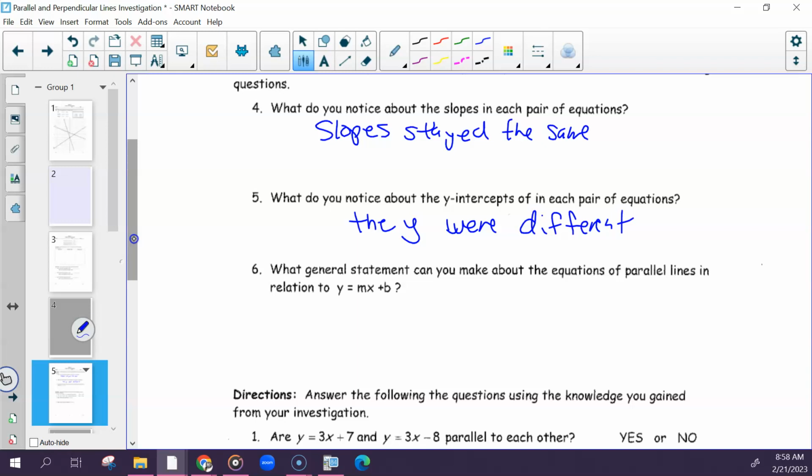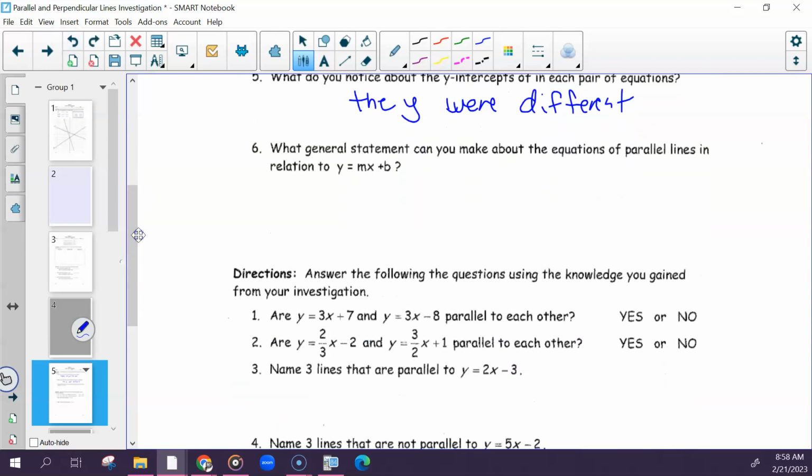So if we were to combine 4 and 5 to make a general statement for number 6, what did you say? Or how did you answer that question? Or if you weren't sure how to answer that question, how would you answer it now?